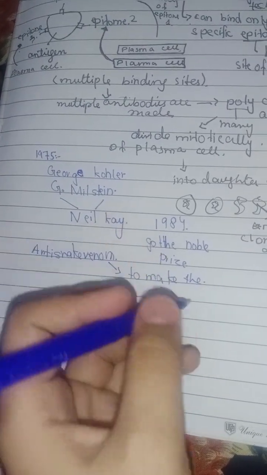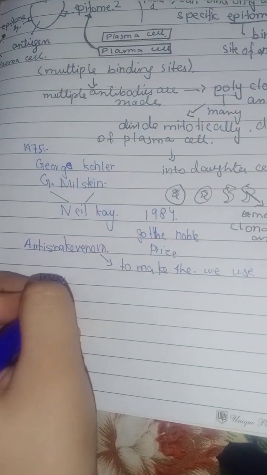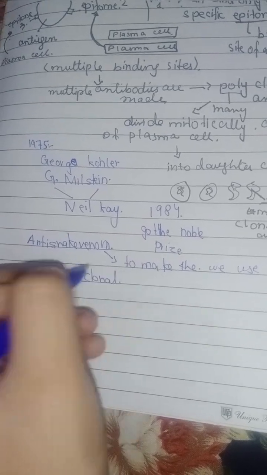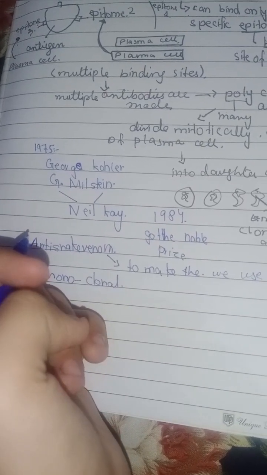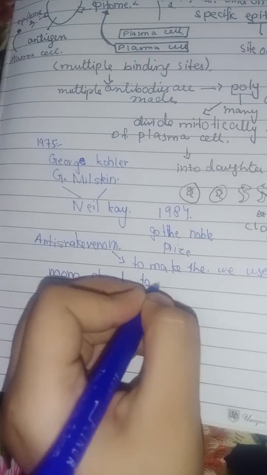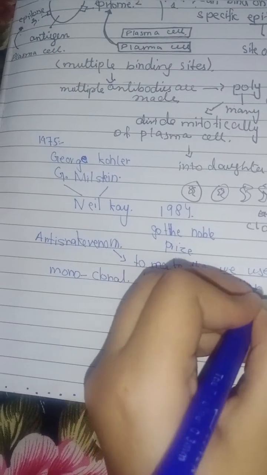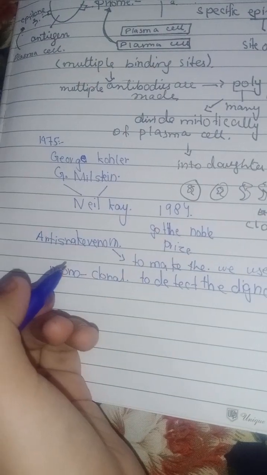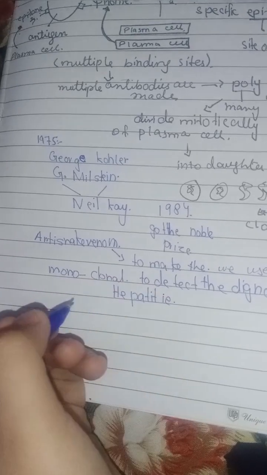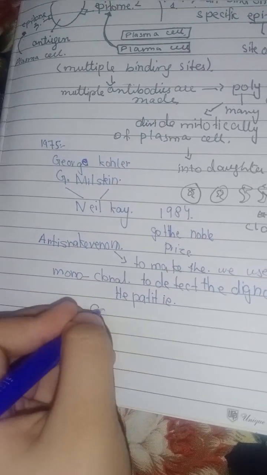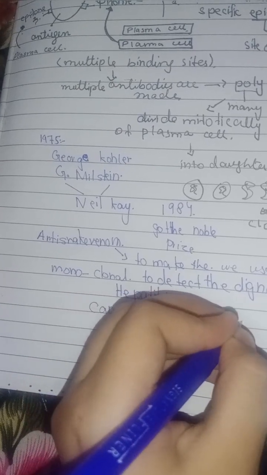We use monoclonal antibodies for diagnosis, such as detecting hepatitis, and there are some treatments for cancer cells and tumor cells.